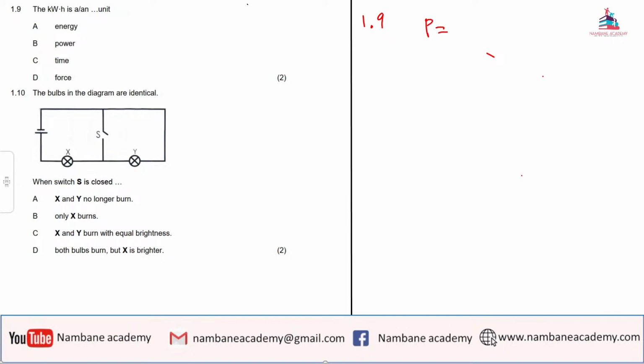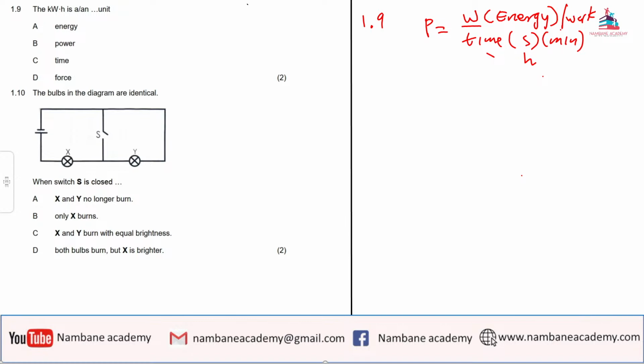From the equation, P is equal to W over T, where W is energy or work, and T is time, and the measure of time can be seconds, minutes, or even 1 hour. But P here is power, and power is measured in watts.